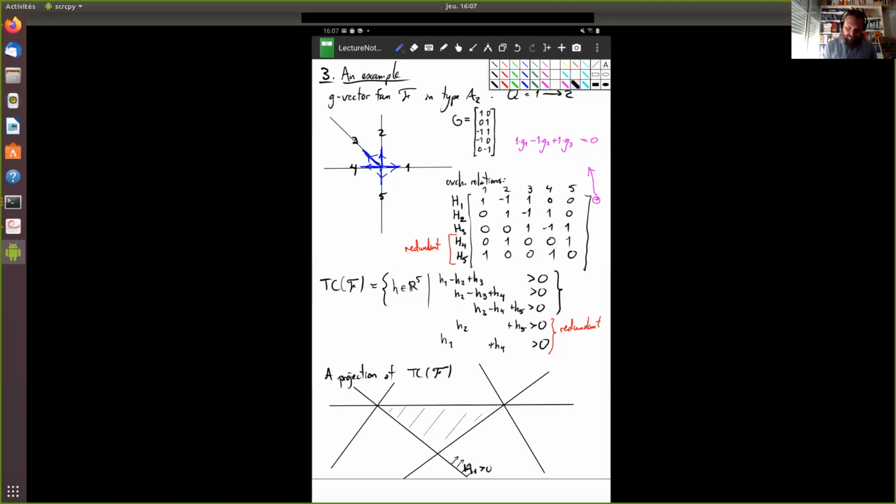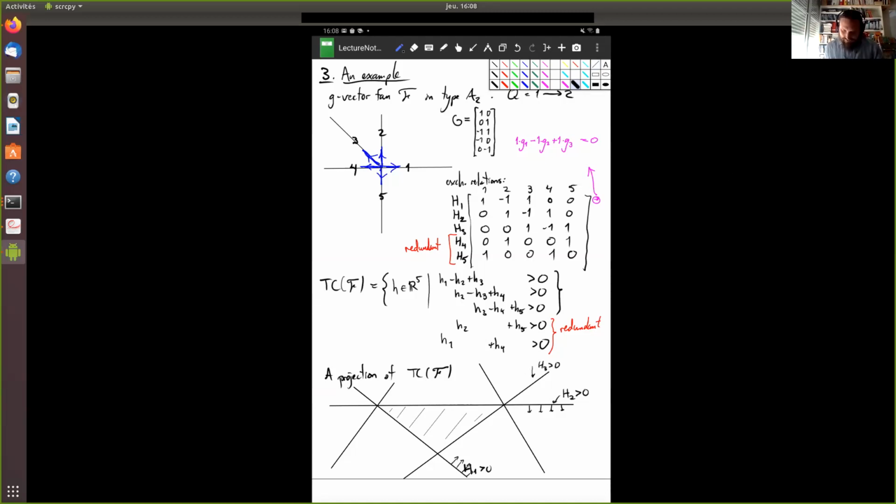Now this line here corresponds to the inequality that used to be H4, so that's H2 is greater than or equal to 0. So that's something like this. Yes, I'm defining a cone, so I have a bunch of inequalities, and I'm looking at the intersection of the half spaces. H3 defines, where are you, H3? It defines this one here, H3 greater than or equal to 0.